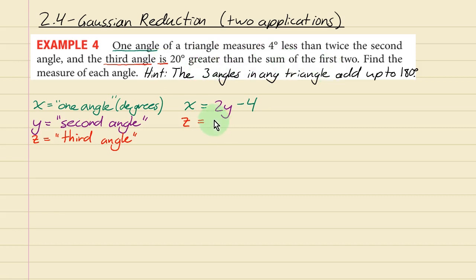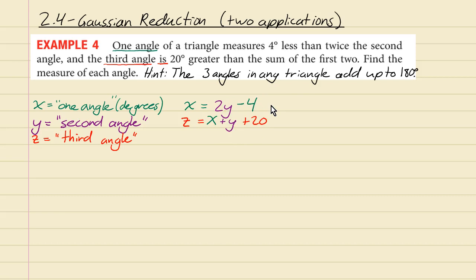That means 20 degrees plus something, or plus 20 degrees here. But the thing that it is 20 degrees greater than is the sum of the first two. The sum of x and y means x plus y.